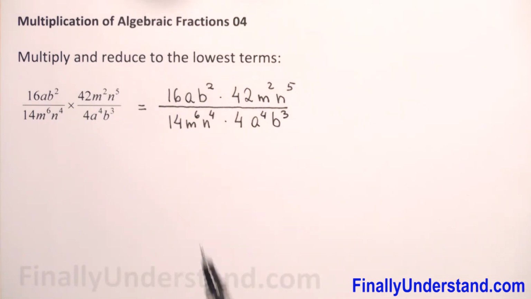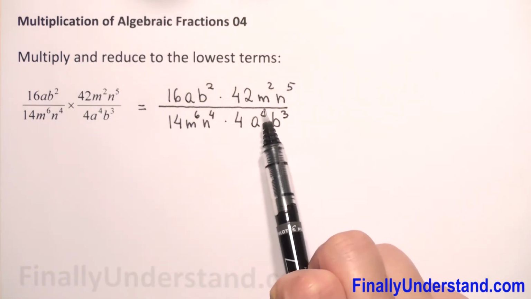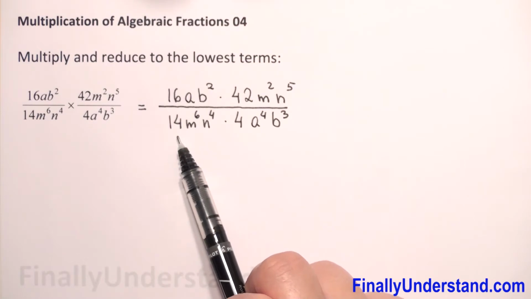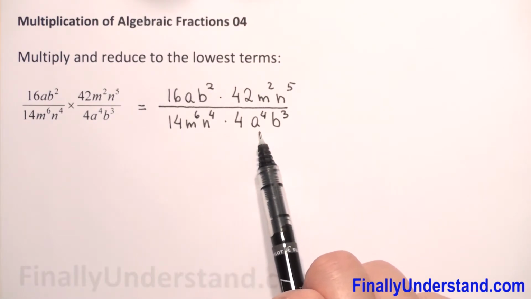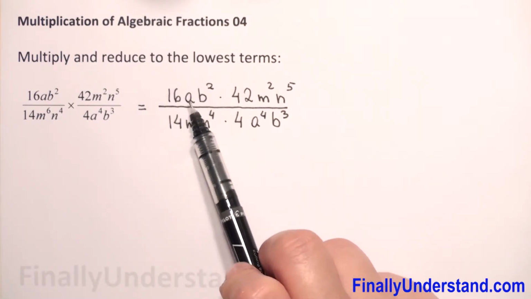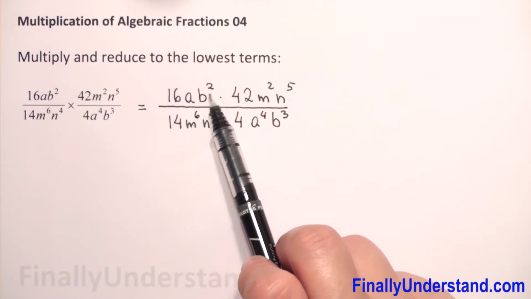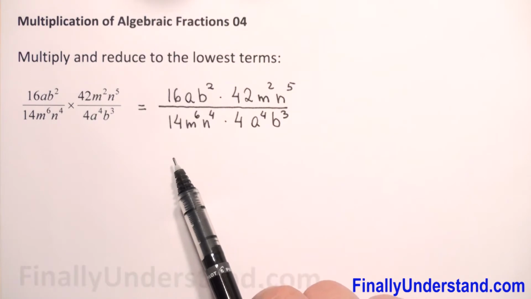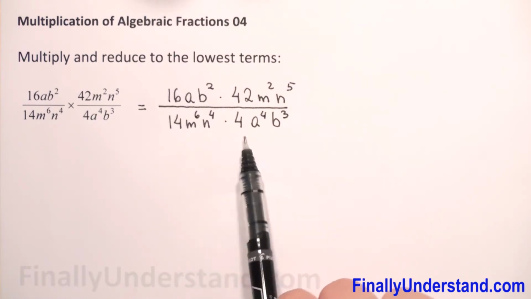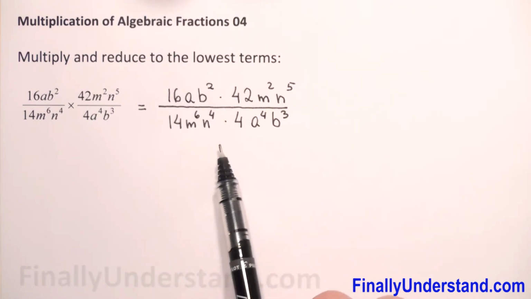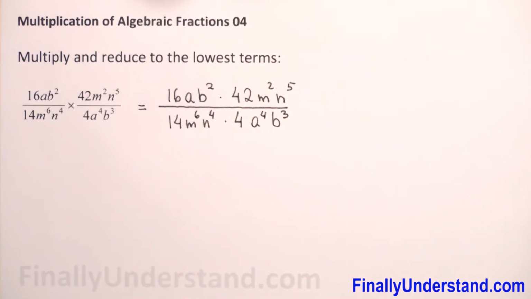Next step, because we have multiplication only in the numerator and multiplication in the denominator too, we can check if we can reduce something.